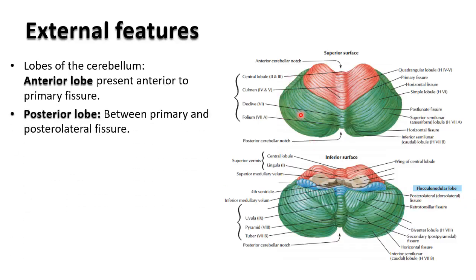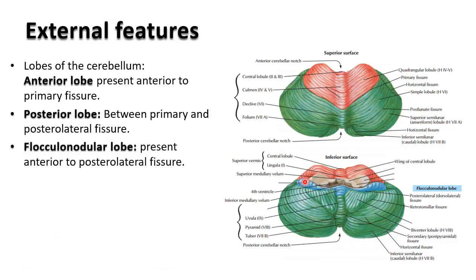Then anterior to the posterolateral fissure, you see a very small part of the cerebellum, which is called the flocculonodular lobe. If you carefully look at the structure of the cerebellum, you are able to see it is somewhat folded from above downwards.